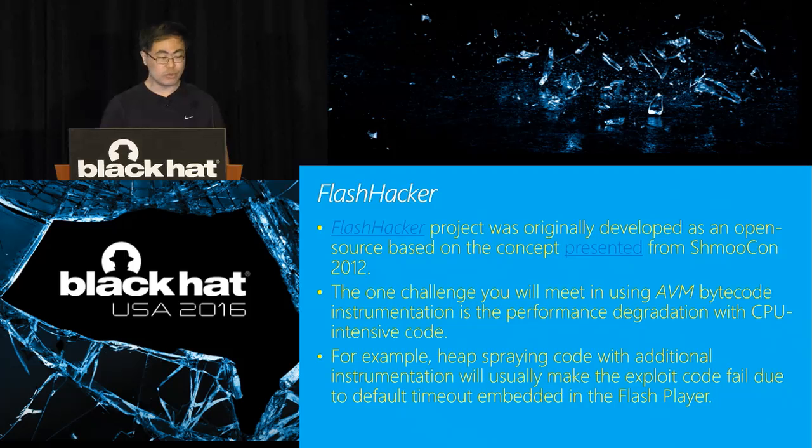The only problem with bytecode level instrumentation is that when the exploit uses heap spraying or some CPU intensive or memory intensive code run, then our instrumented code will intervene with the exploit itself and make the exploit fail.